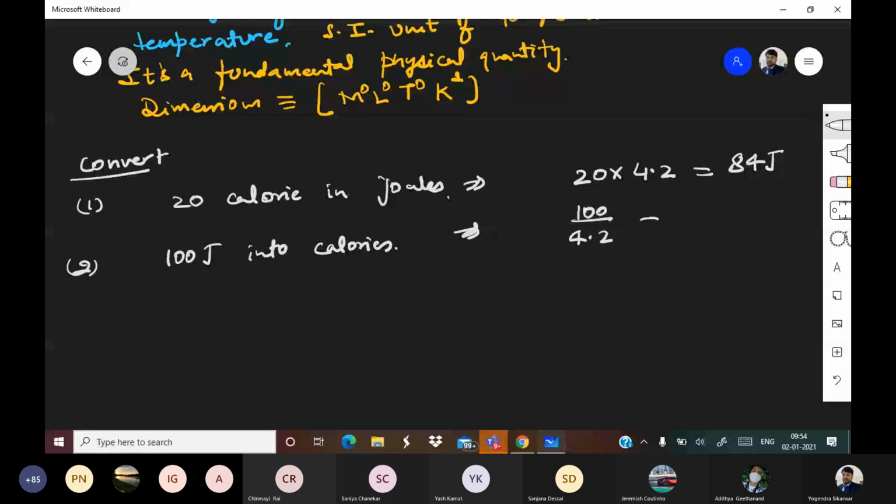That comes out to be 23.8 calories. Okay. So this way you can easily convert calorie into joules and vice versa.